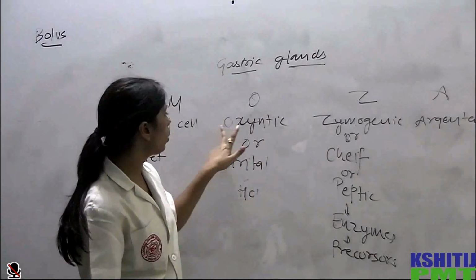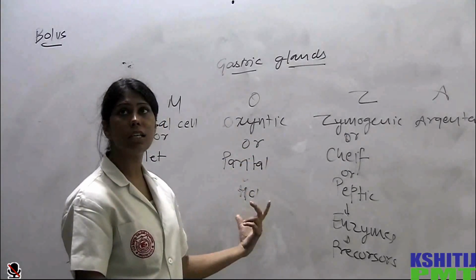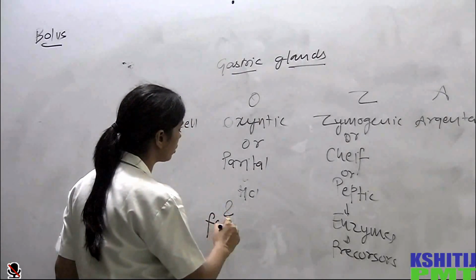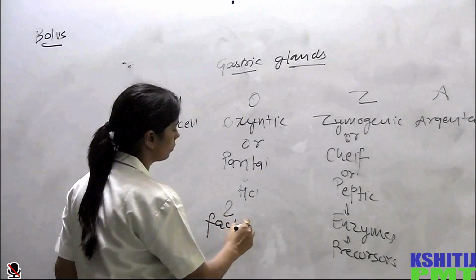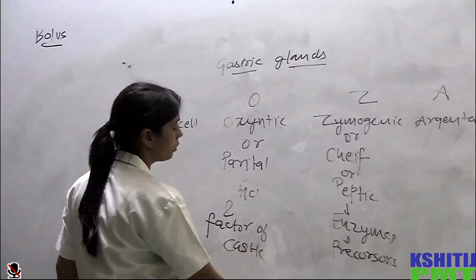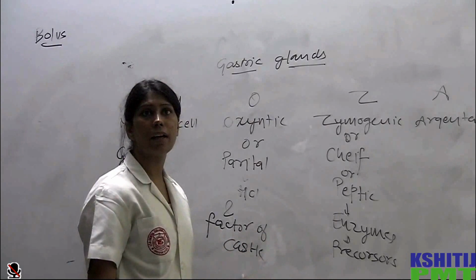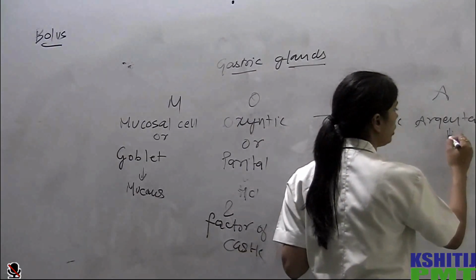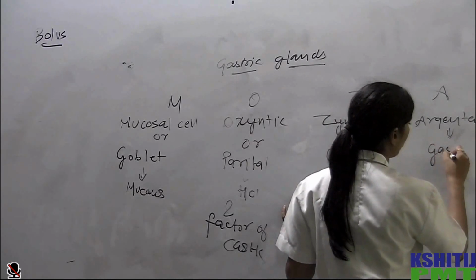Now oxytic cells or parietal cells secrete HCl and also secrete factor of Kshitij. The last part: Argenta cells secrete gastrin hormone.